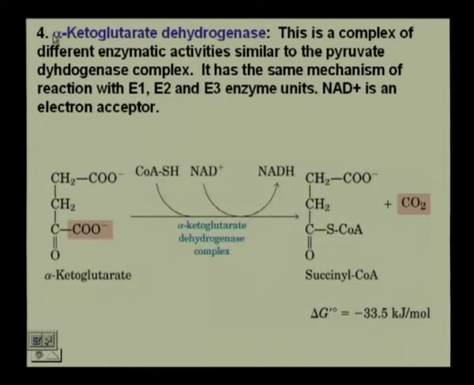So, alpha ketoglutarate. That is our third step. The fourth step is alpha ketoglutarate dehydrogenase. Again, we have NAD plus and NADH. Now, NADH is being formed here, and later on when I show you the whole cycle, we have to keep count of how many NADH are being formed, how many FADH2 are being formed, and how many ATP are being formed, because that is going to tell us how much energy we are going to get.